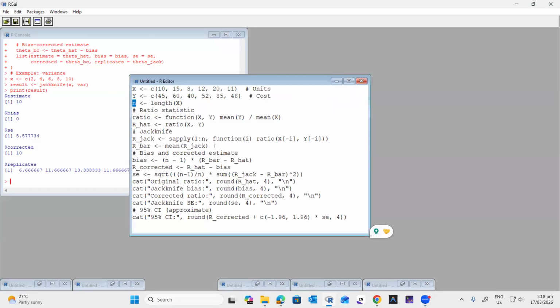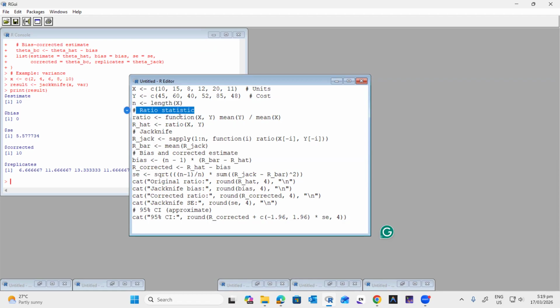So, again, our code. Okay. We defined the two data vectors here, x and y, and the length of the data vector we store in n. After that, we calculate the ratio of x and y.